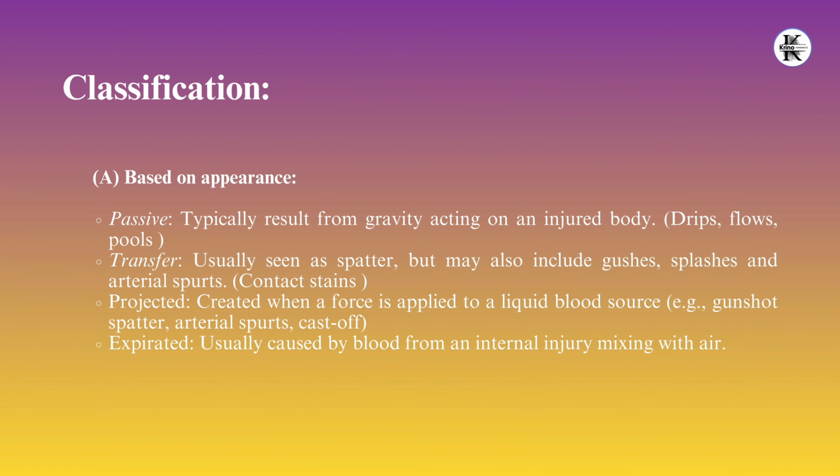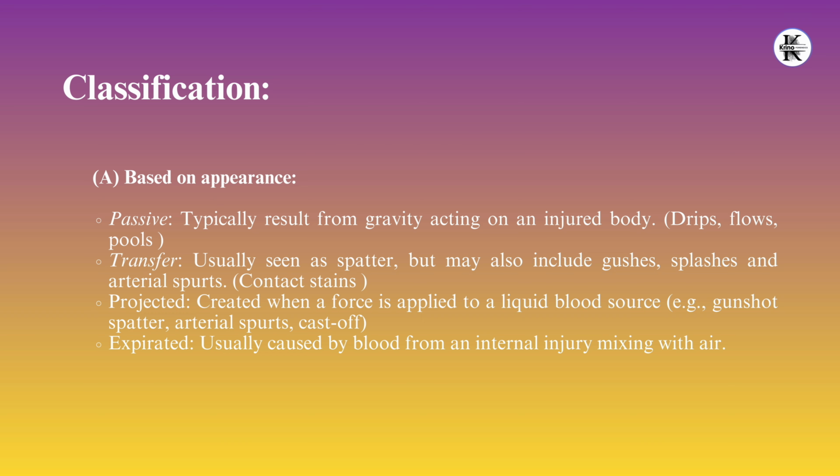Now, let us classify bloodstains based on the appearance. Under this classification, we have four types of bloodstains. First one, passive stains, which result from gravity acting on blood, such as drips, flows, and pools. Second, transfer stains, which occur when a bloody object comes in contact with another surface, producing contact patterns.